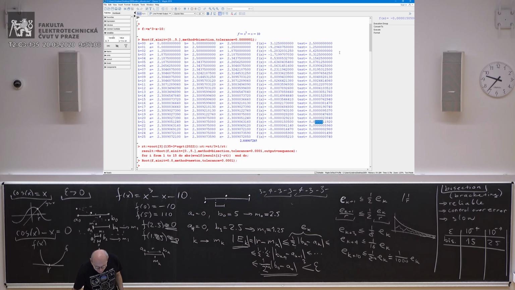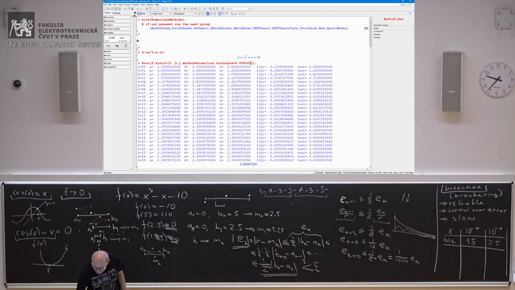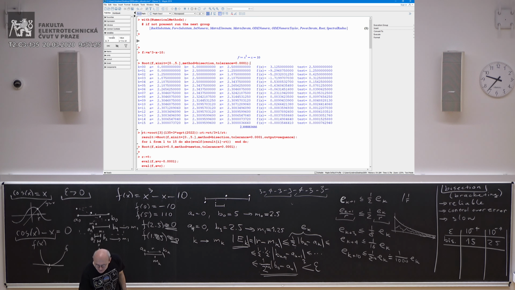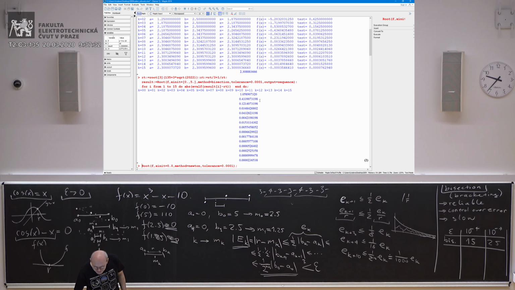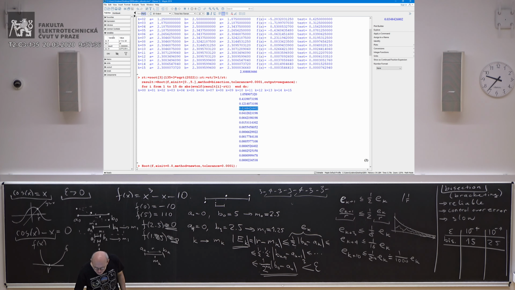I have a code here, because actually I can figure out the root of this function also analytically using that formula that nobody remembers. And it's not a very nice formula. But anyway, I used it here to evaluate the actual errors, and I will go back to my original shorter run with shorter precision. And let's have a look at the error of these approximations. What you can see here in this column is the actual errors, and you can see that it's getting smaller, but sometimes it got larger over here in this step.